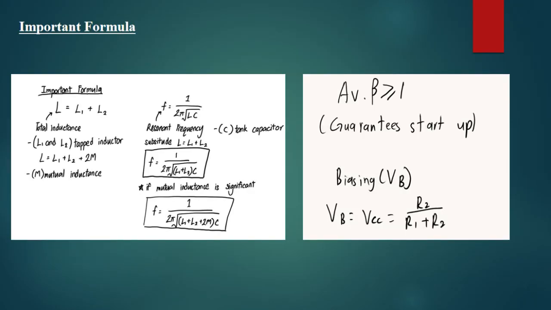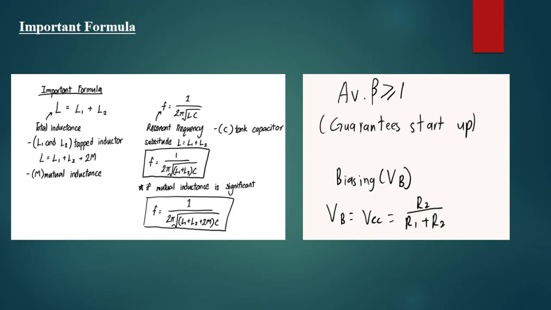Here, we have the important formulas of the Hartley oscillator. For the total inductance, L1 plus L2 becomes the total inductance L. And for the resonant frequency, the formula is 1 over 2 pi square root of LC.